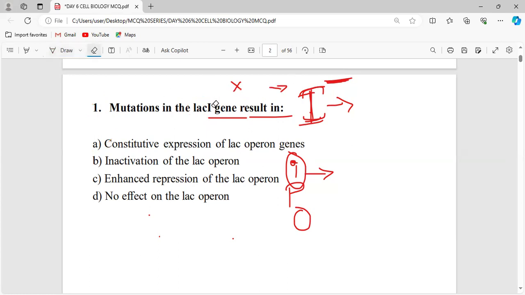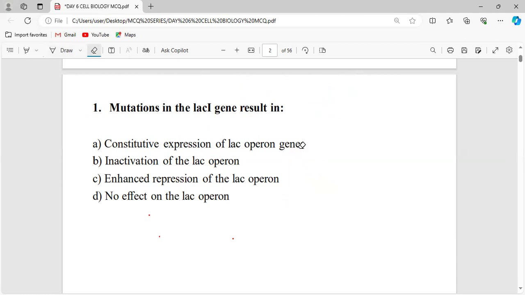See, before that, I want you to note the structure of this lac operon, how it looks. See, this will be the regulatory gene. And here we can see the CAP site. And here is the promoter region.